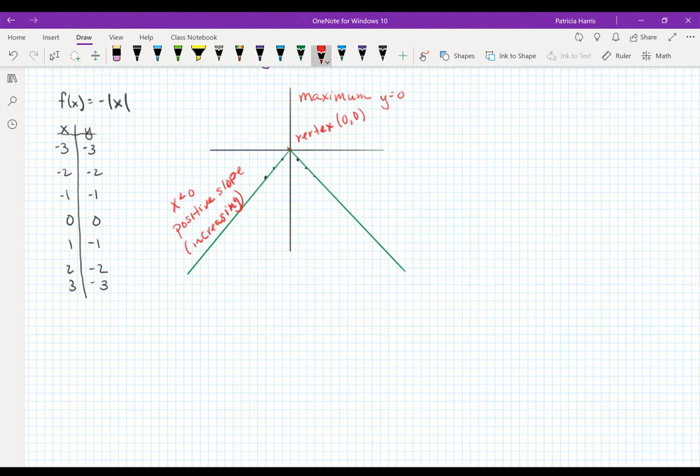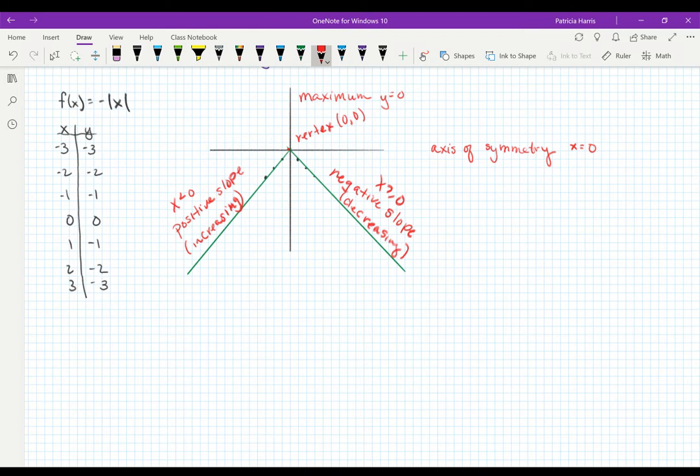And on the right-hand side, now it has a negative slope, or decreasing. Okay, it still has symmetry.